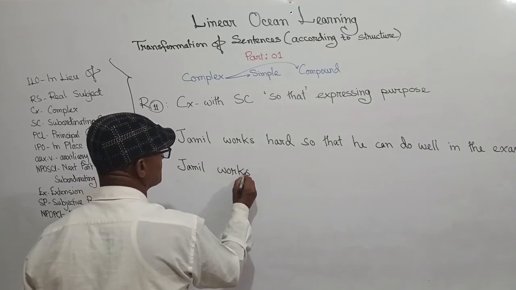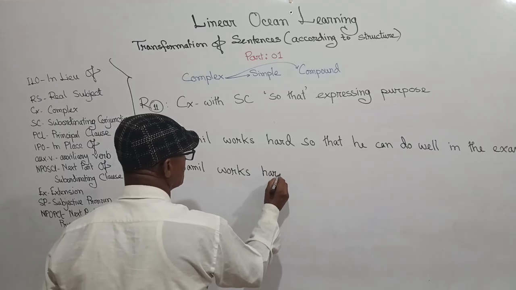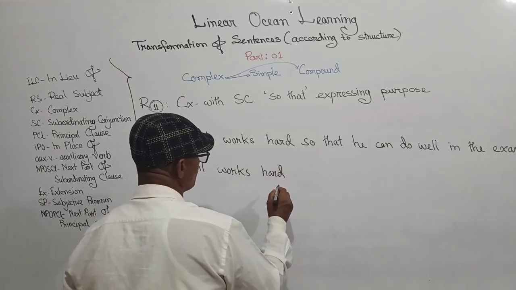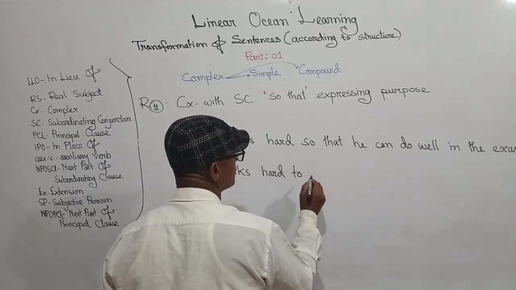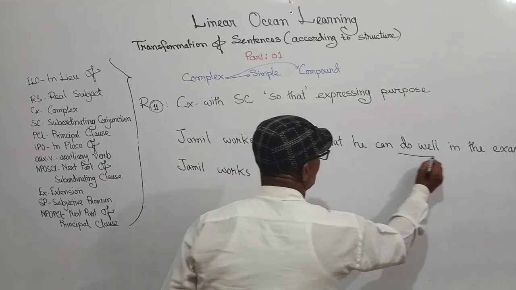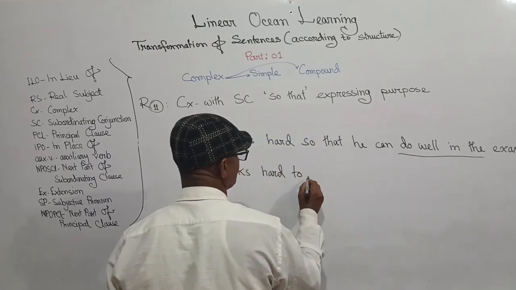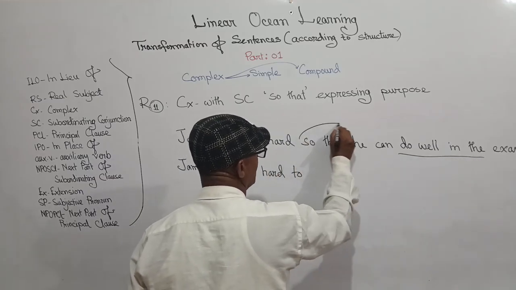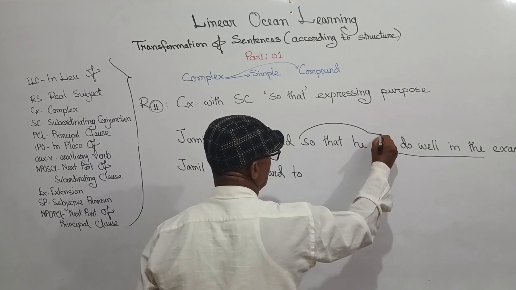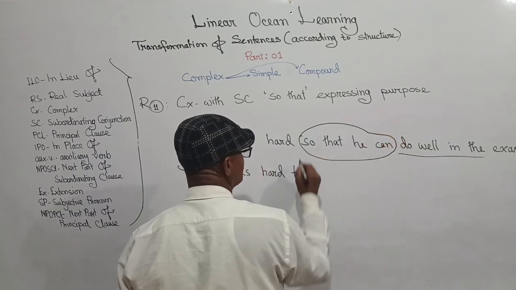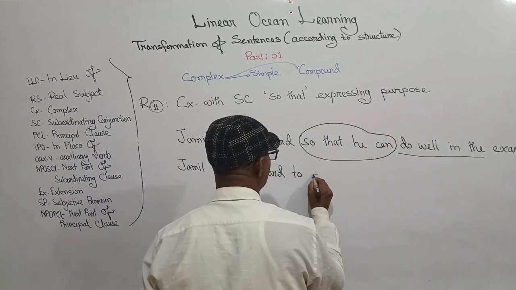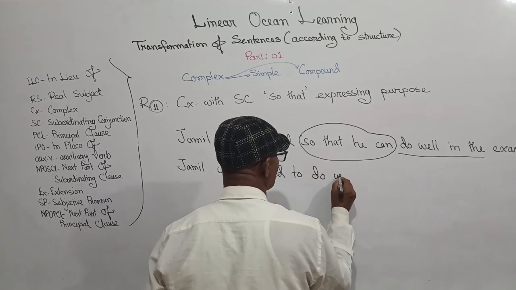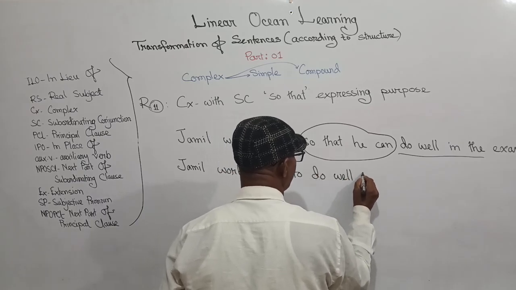Wore shirt to do well in the exam. In place of "so that" plus subject plus auxiliary verb, it is "to", then do well in the exam.